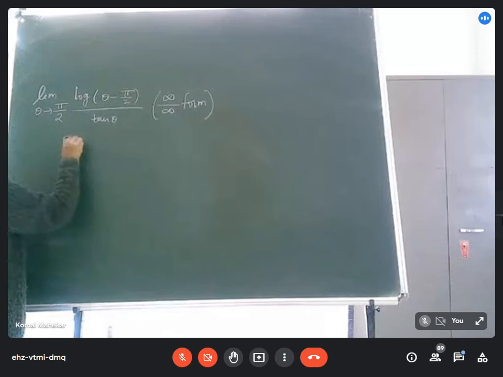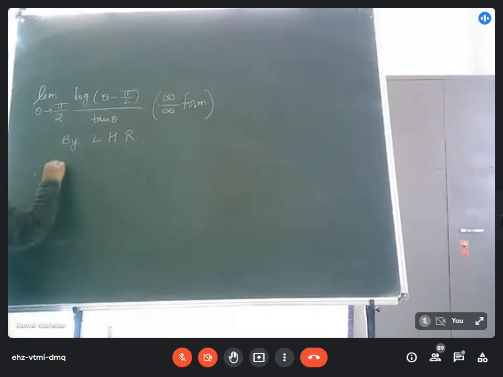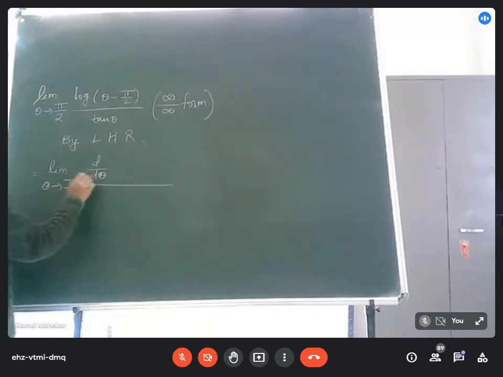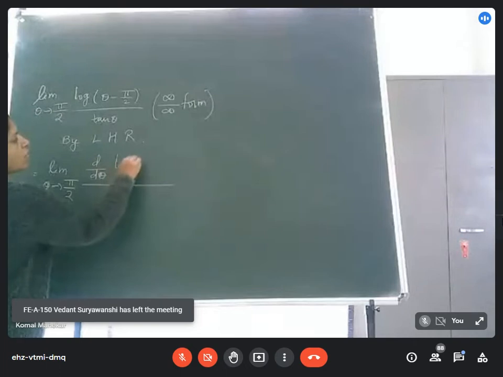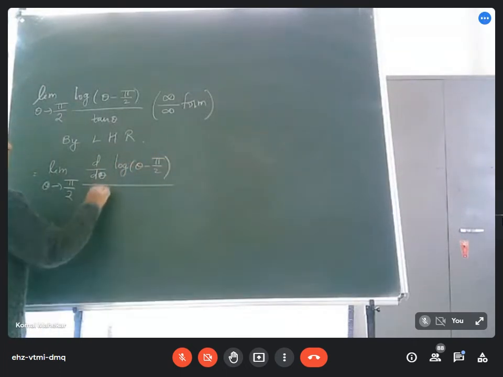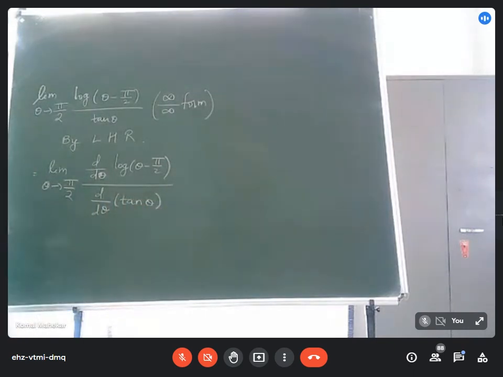Therefore, by using L'Hospital rule, we will differentiate the numerator and denominator with respect to theta, because both are functions of theta. So it is d by d theta of log of (theta minus pi by 2) divided by d by d theta of tan theta.